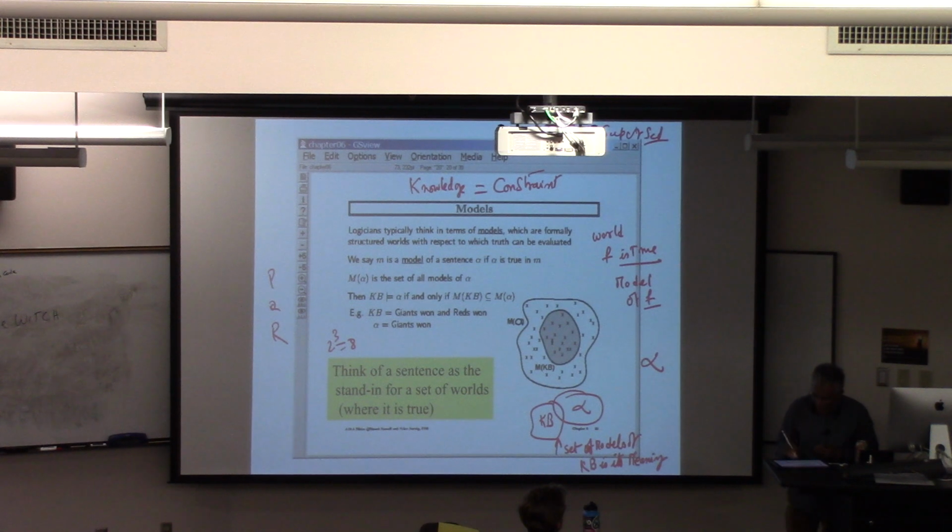Okay, so by the way, for entailment, you use this funny notation. If I am like this, KB does not entail alpha. How about this? These are all the worlds where KB is true. These are all the worlds where alpha is true.